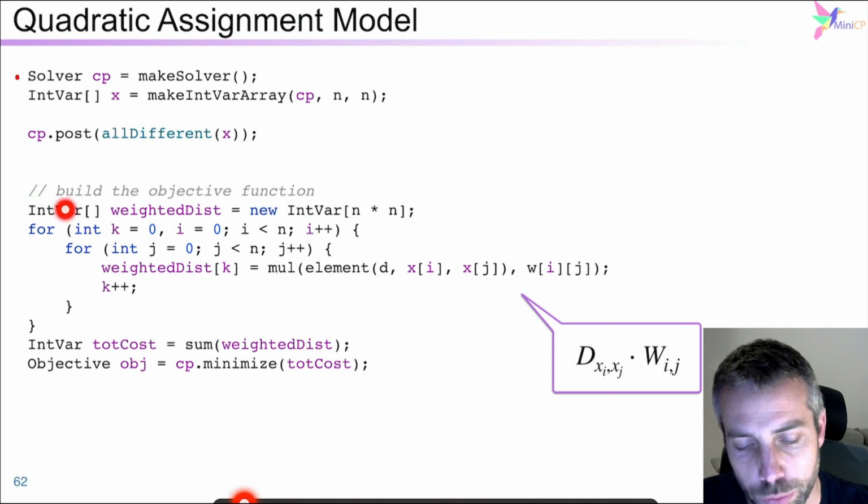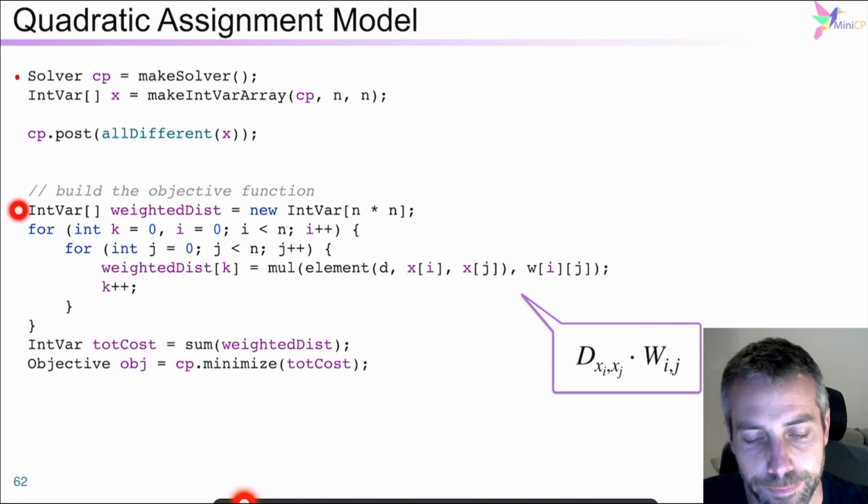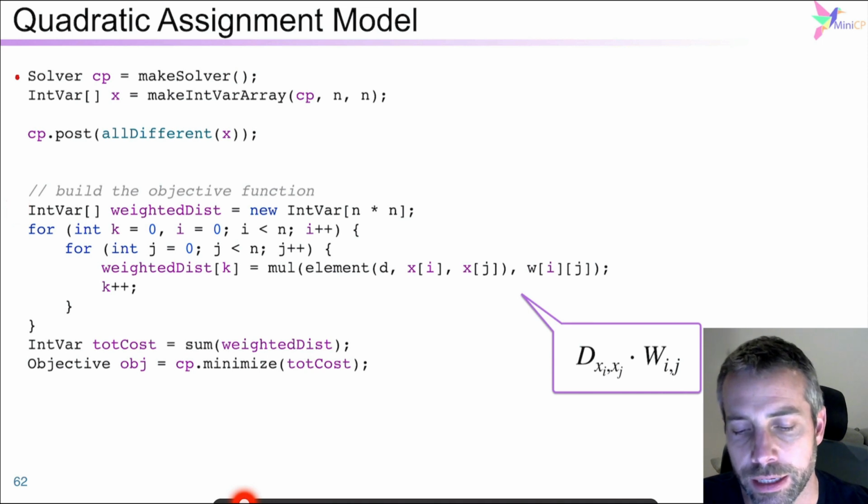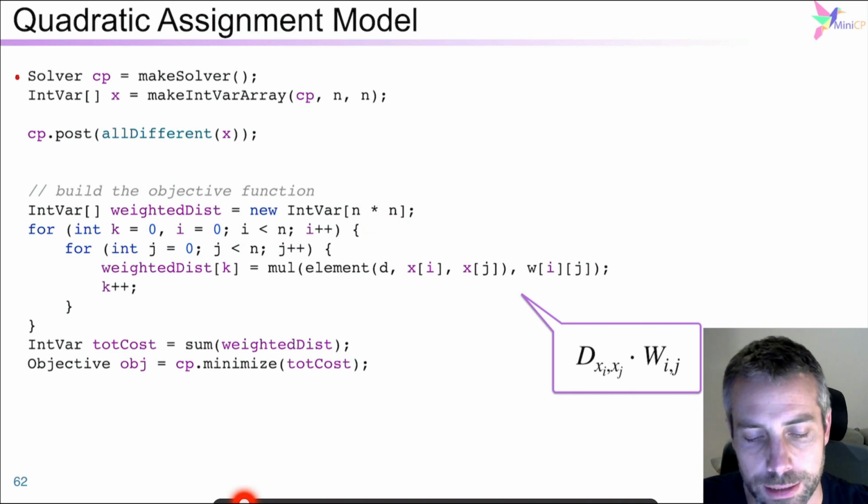And then in this loop, we will build the objective function. So first we create the weighted distance for each of the pairs of facilities, and therefore I create a one-dimensional array of n by n to represent it for every pair of facilities.